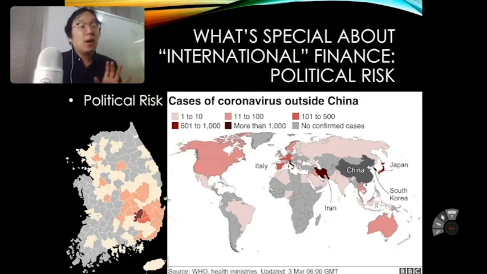And not only does economic activity get affected by this infectious disease, but it also destabilizes politics, right? For example, in Korea, quite unexpectedly, Daegu, that area turned out to be the area that was densely populated as well as densely infected. Which was a really unexpected surprise.